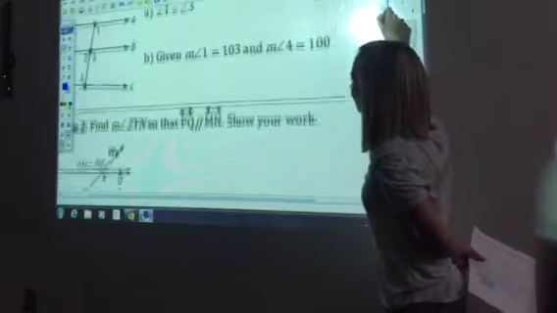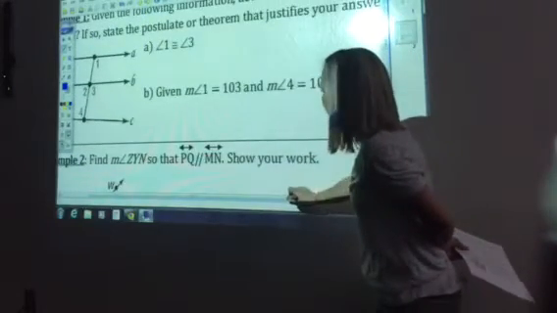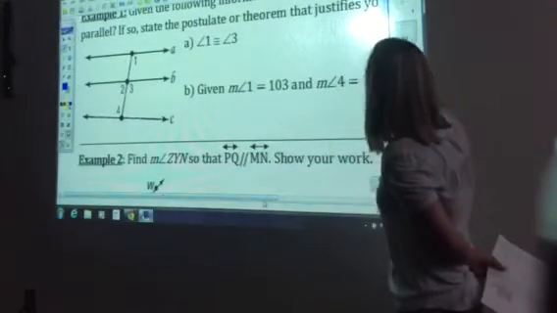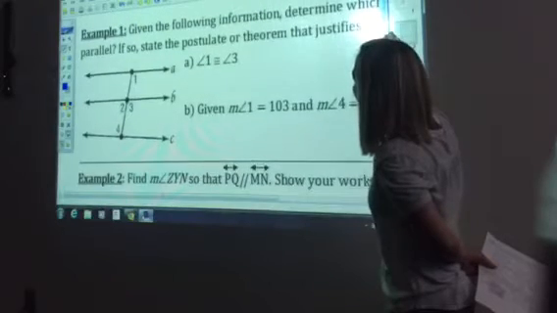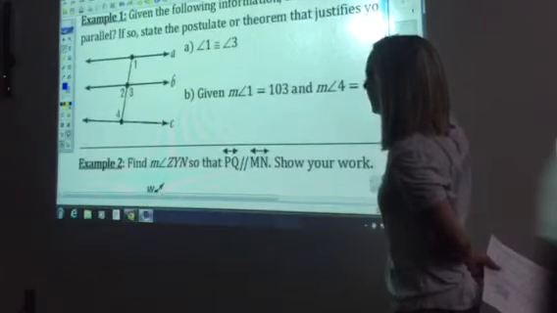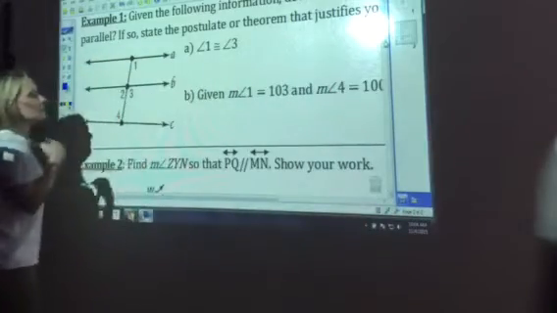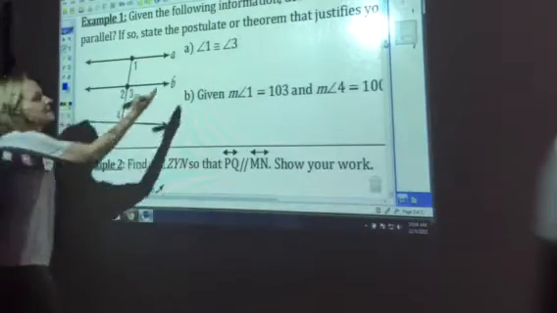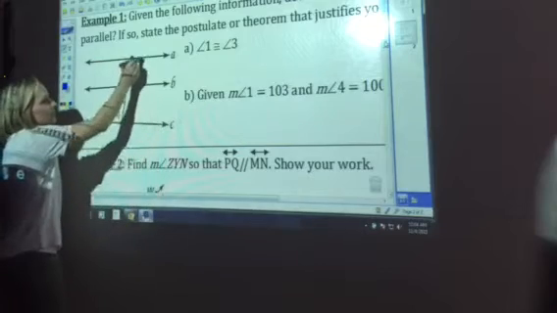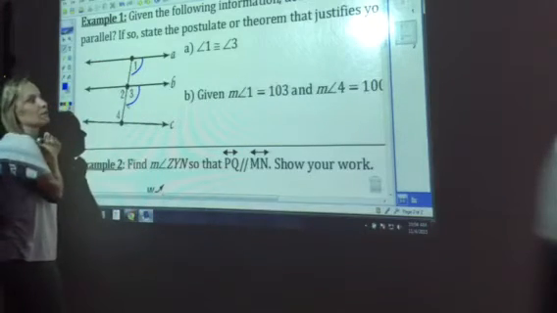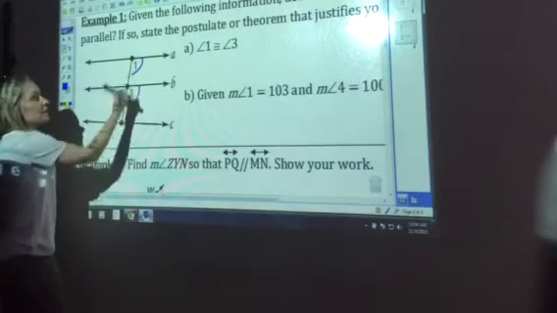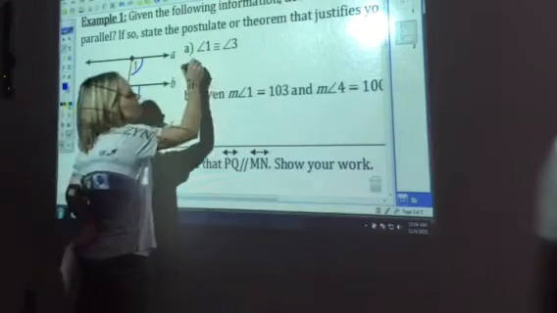Okay, so this first one up here I want to look at real fast. It says, given the following information, determine which lines are parallel. If so, state the postulate or theorem. So we've got three lines here, okay? A says, suppose angle 1 and angle 3 are congruent, okay? If they are, their location here is that they are corresponding.